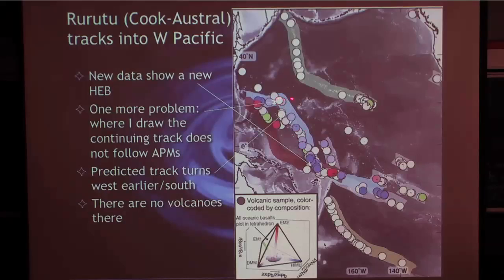There's a few pink dots. They're actually kind of different in age. So I suspect this is similar to what we saw here. We don't have a lot of samples here, but volcano-wise, this seemed to continue over here. However, if I draw a predicted plate motion track, it wants to turn a little earlier. There's no volcanoes there, though. So that's an issue.